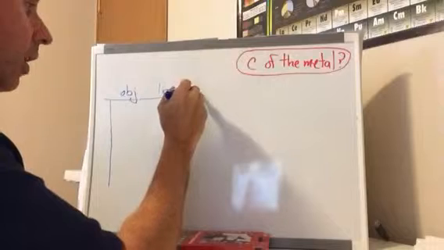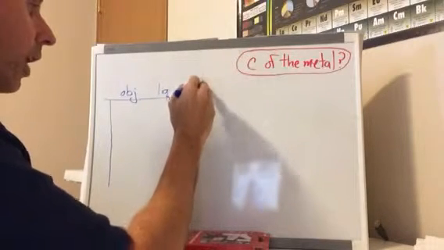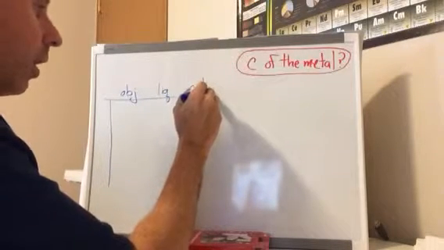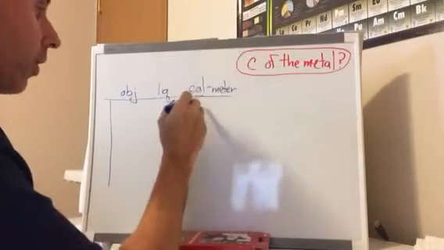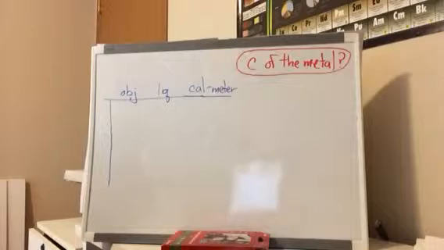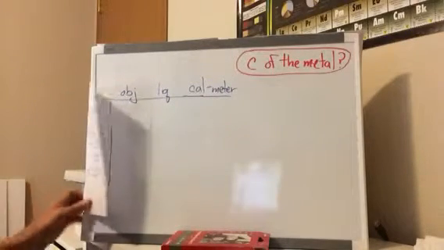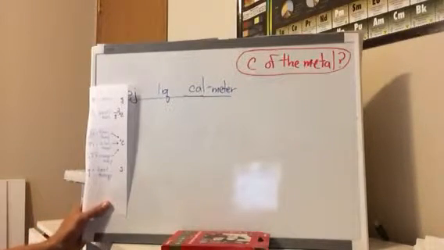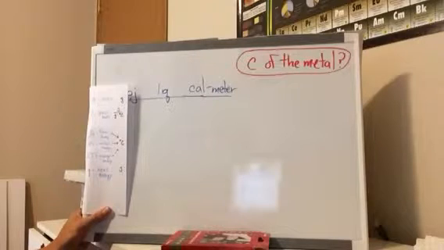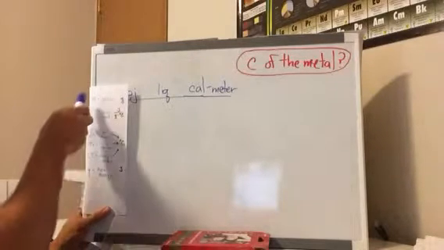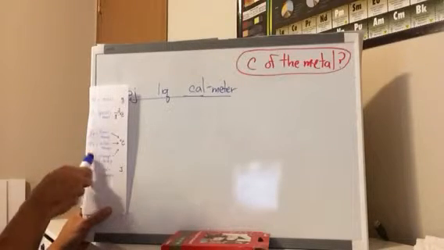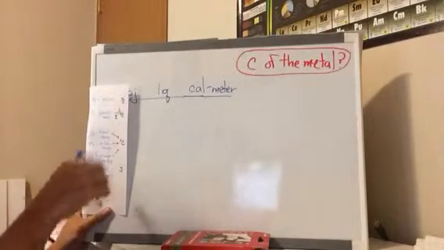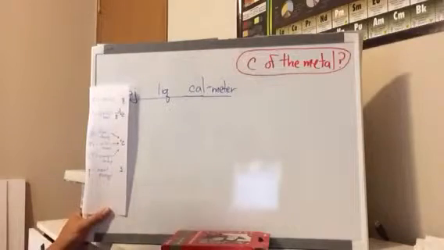Then we have all the variables for a calorimeter. I'm just going to put calorimeter. On the side, I've got all the variables we like to find when dealing with calorimeters: M, C, T final, T initial, delta T, which is change of temperature, and Q. I also have the units we typically use for these.